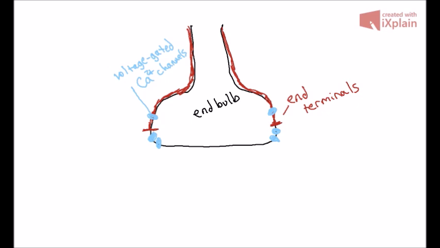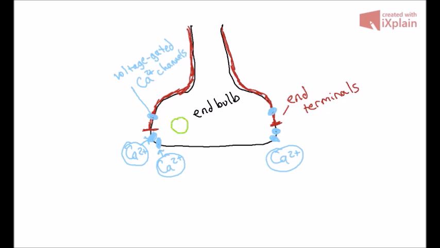And right outside, floating around in the extracellular space, is calcium, or calcium ions. And the calcium ions use these voltage-gated calcium channels like doors to get inside the end bulb. So when the action potential comes down and stimulates those doors to open, the calcium floods in.